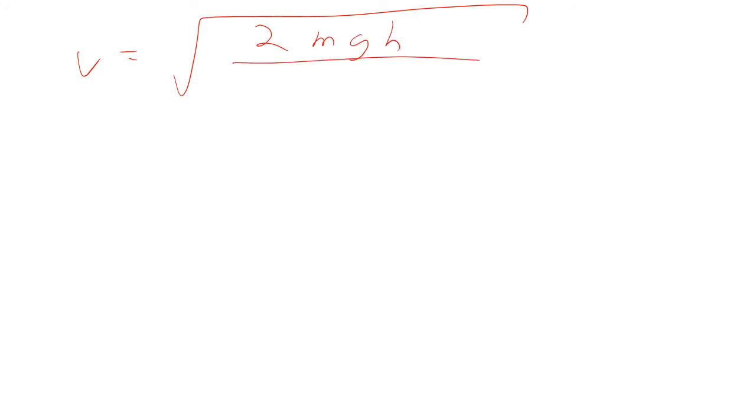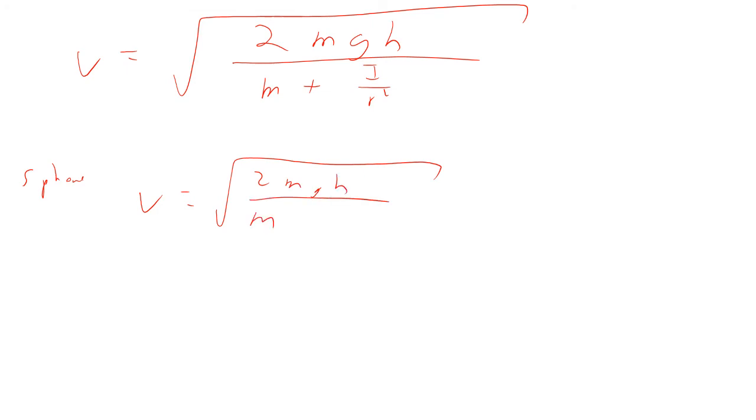All right, so that means when we said that the velocity is going to be the square root of 2mgh divided by m plus I over r squared, for the sphere, the velocity is going to be the square root of 2mgh divided by m plus 2/5 mr squared over r squared.